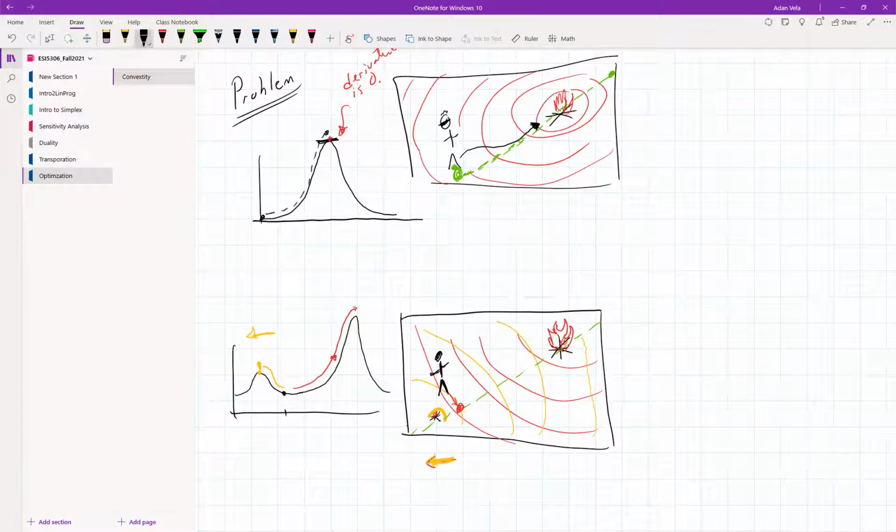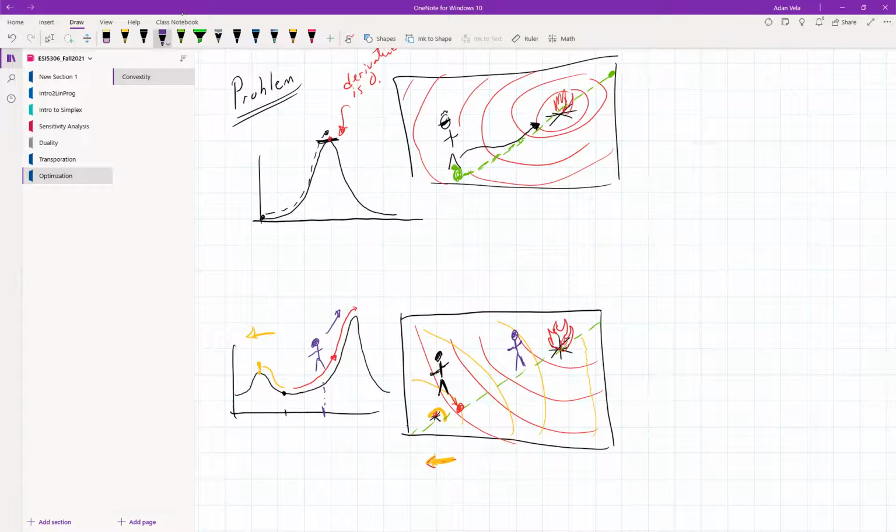Now, let's say somebody else in this situation was standing over here, in that case, they would feel the bigger fire, right? So that would be the equivalent of somebody standing over here. So they would feel the bigger fire moving in that direction. So they would move to the right of the screen.